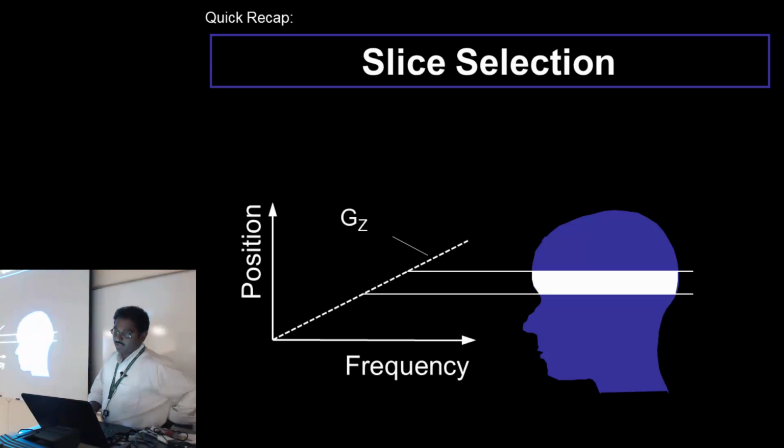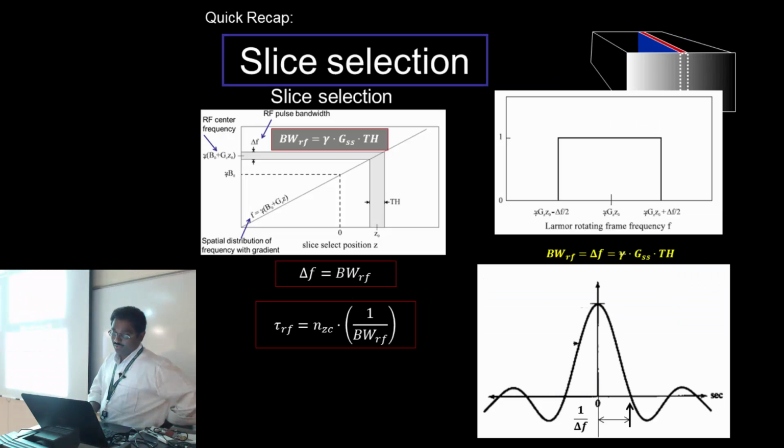Then we saw the slice selection. We looked at how we do that by using frequency encoding, by applying the gradient while simultaneously playing out the RF pulse, so that you can selectively excite only those frequencies which correspond to the bandwidth that you want to excite. So let's say that's your slice, and this is your center frequency of your slice.